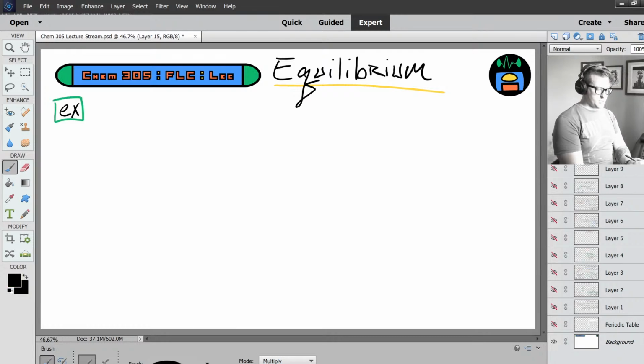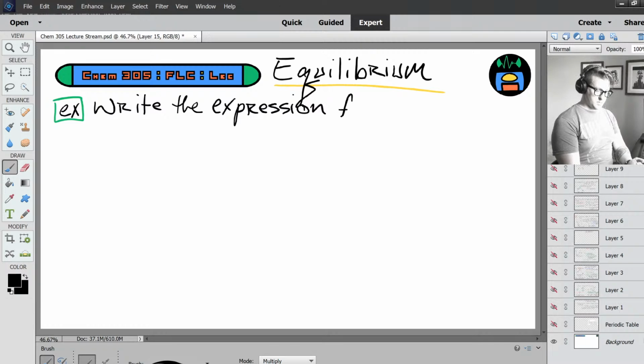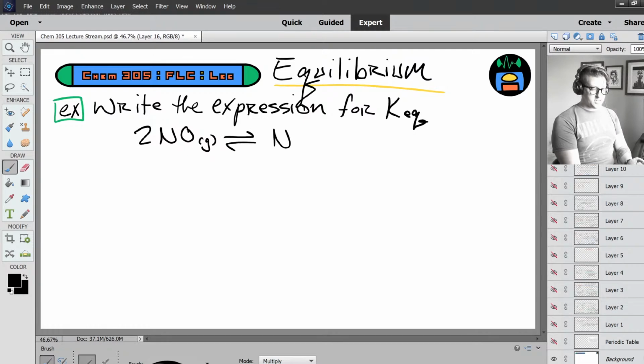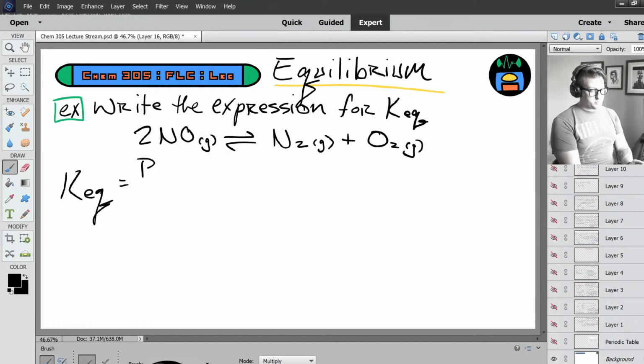All right, so let's write the expression for the equilibrium constant for the following reaction, the reaction of NO2 decomposing into N2 gas and O2 gas.